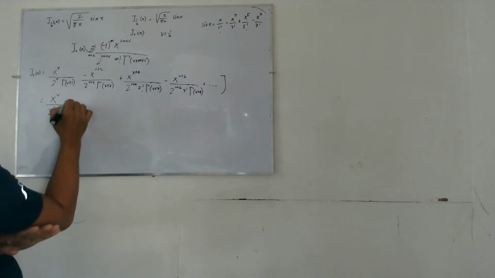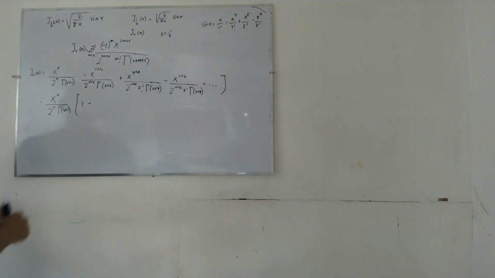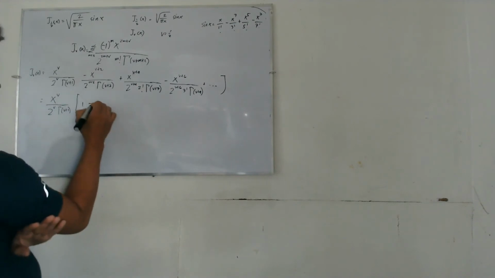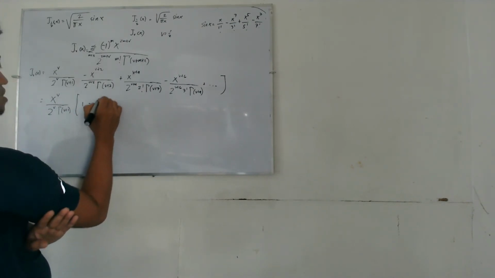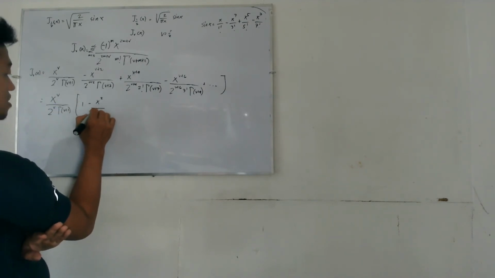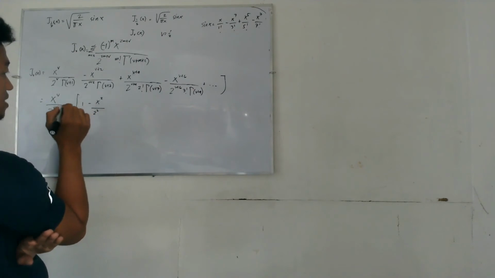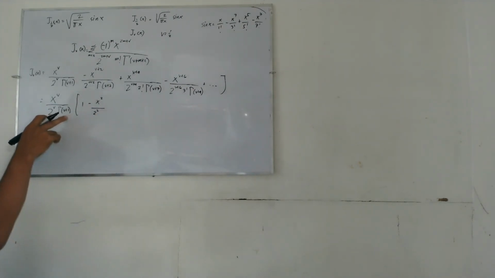So you have 1 minus 1 minus x squared over 2 squared. Na take note kaning gamma, i-collect na to ang gamma b plus 1.